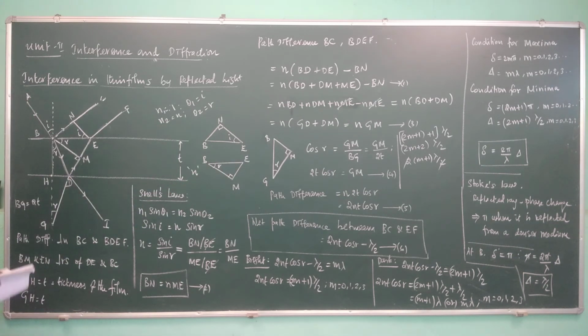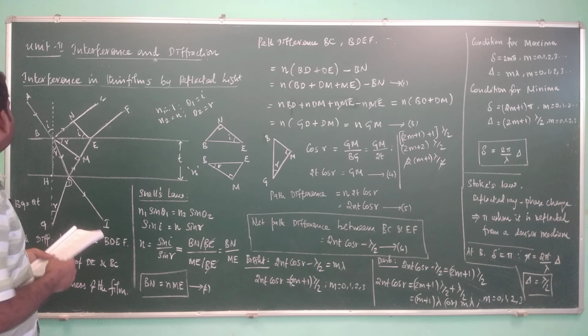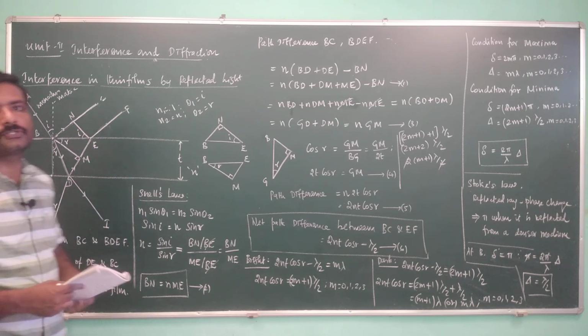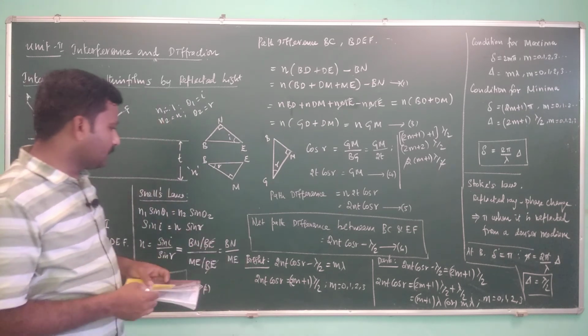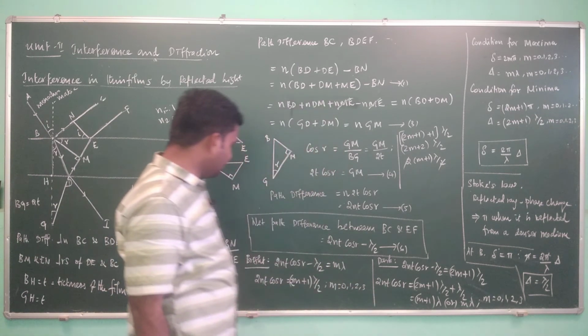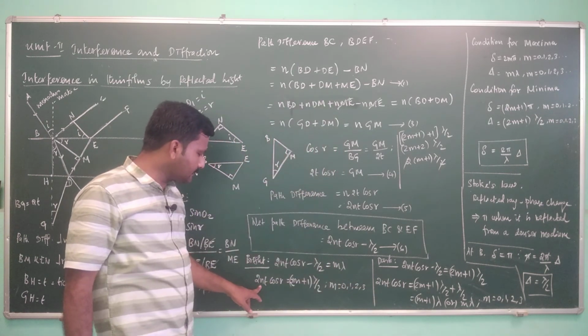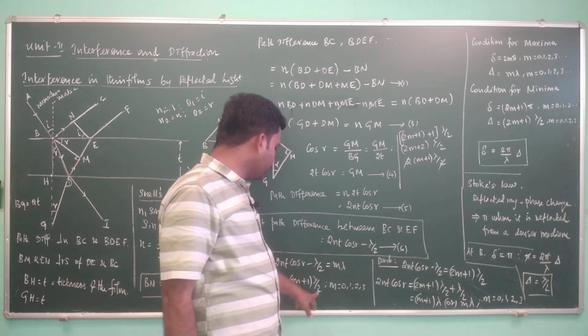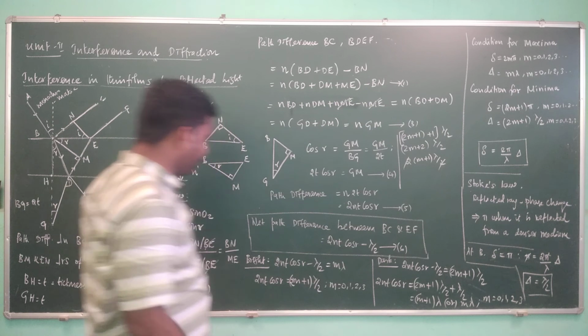Okay, see here, this light is a monochromatic light. It has a single color, right? Suppose this light is white light. See here, the occurrence of bright or dark depends on refractive index, thickness, angle of refraction, and wavelength.